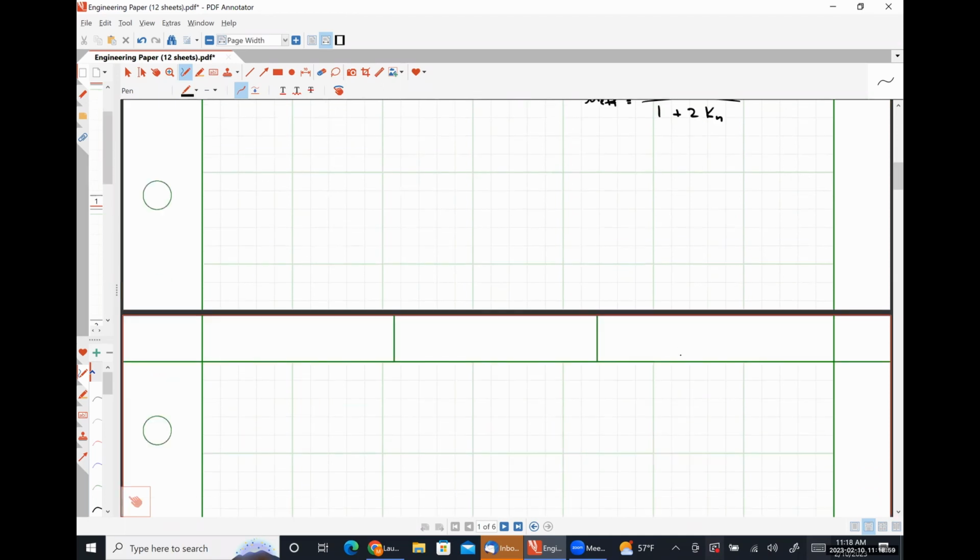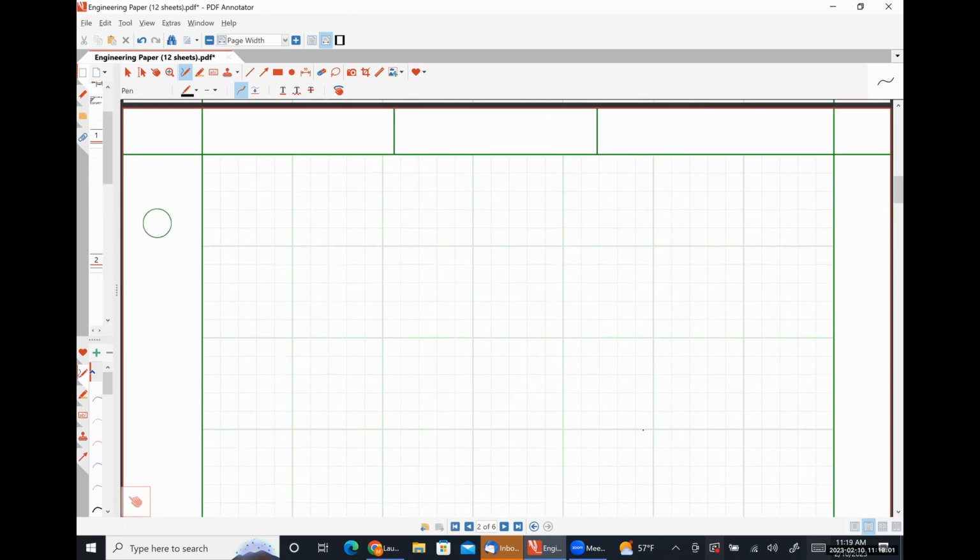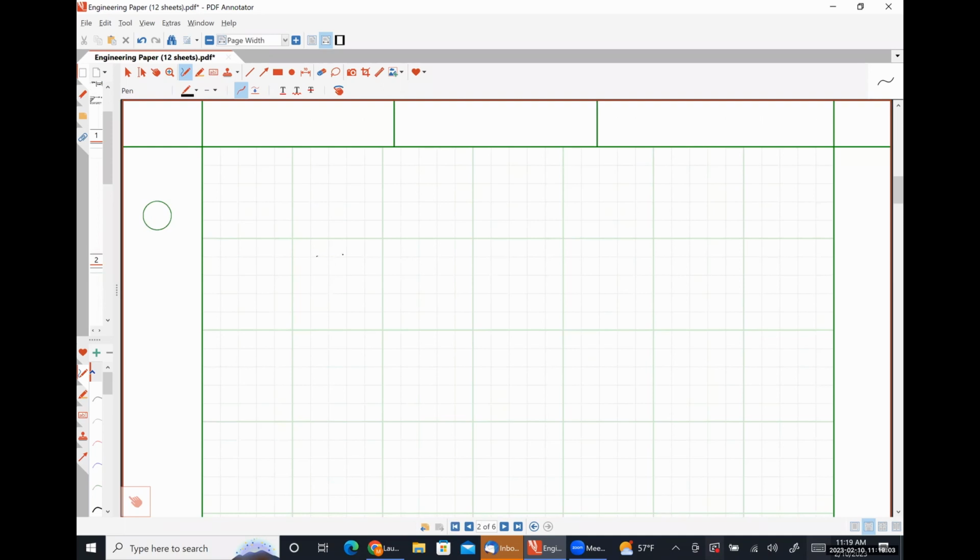So I'm going to draw a picture here where we have substrate, and then we have fingers, or a capacitive comb drive.